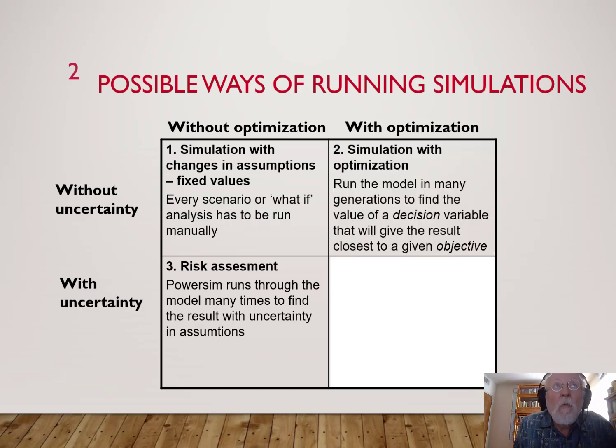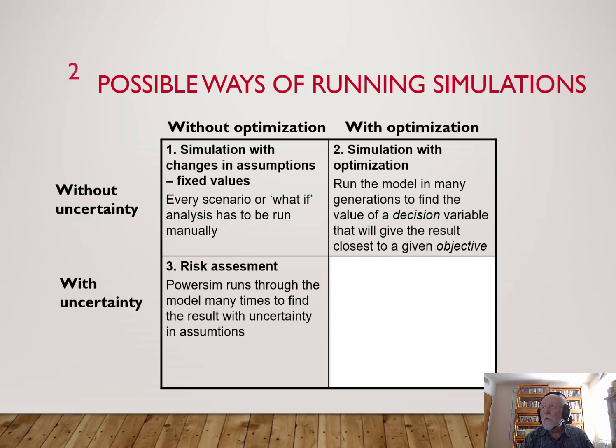You can also run a model without uncertainty and with optimization. So the model will run in what are called generations to find the value of some decision variable or variables that will give you a result that's closest to the objective that you set.